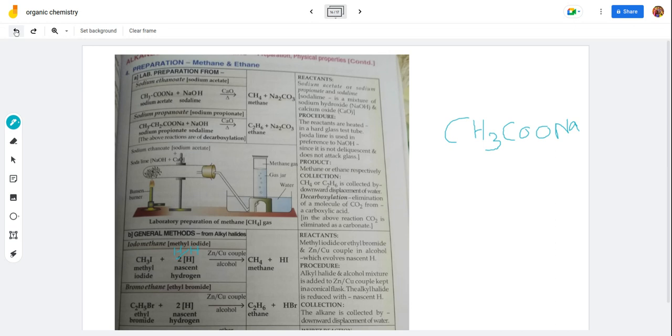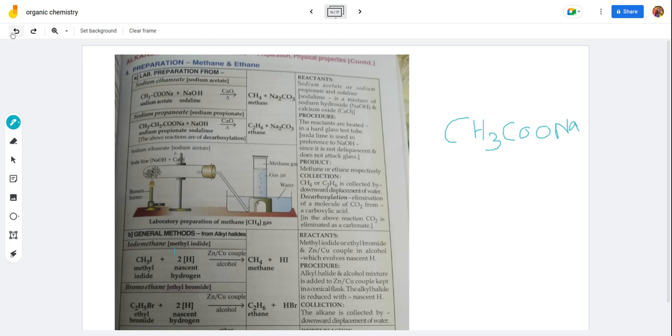So you can prepare methane from the alkyl halide, that is methyl iodide. Methyl iodide will react with the reagent zinc copper couple in alcohol, which gives nascent hydrogen. If it evolves nascent hydrogen, it will combine with methyl iodide to form methane.